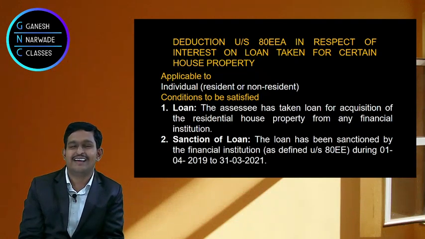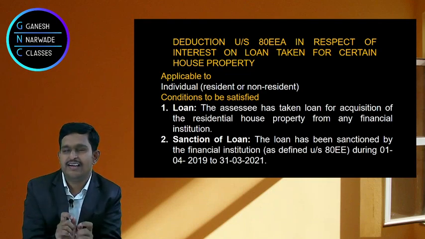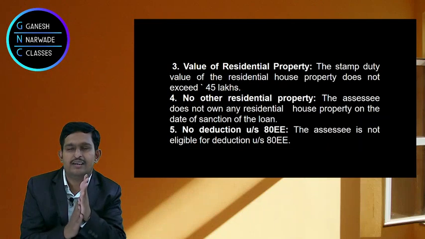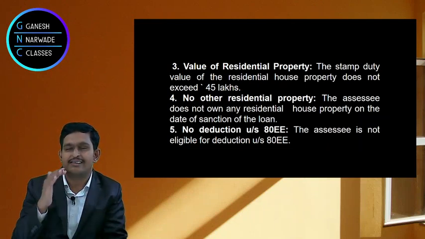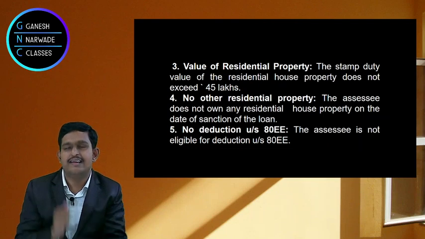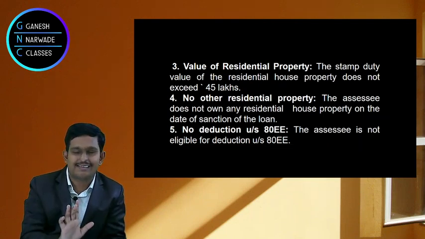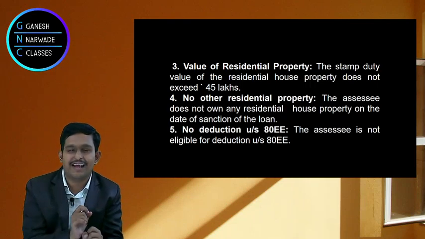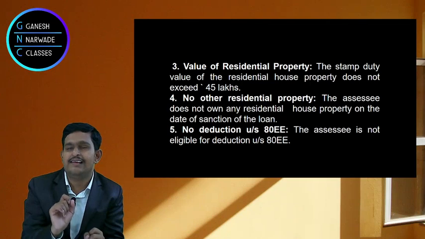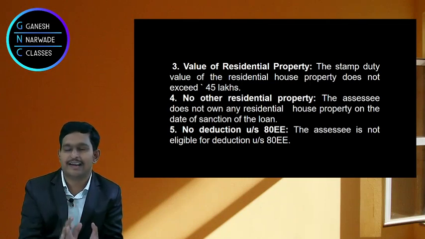Now we'll see the next thing. Construction cost here under 80EEA should not be more than 45 lakhs. What they said? Construction cost under 80EEA should not be more than 45 lakhs. Remember now? There it was 50 lakhs, sir. Here 80EEA 45 lakhs, sir. Absolutely right. You are thinking correctly.